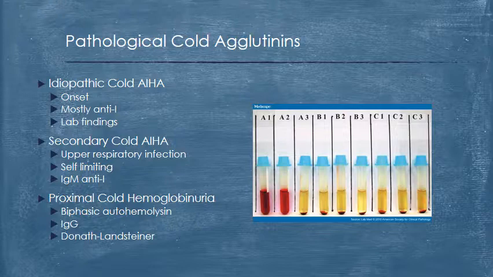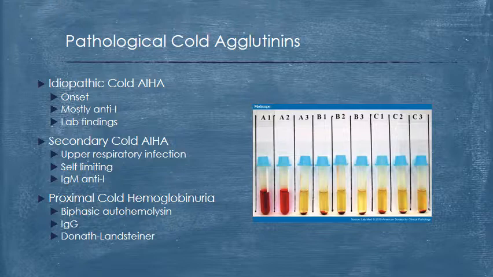Okay. And as far as the secondary cold autoimmune hemolytic anemia, those are usually associated with some kind of respiratory infection, as I previously stated, usually the mycoplasma or maybe an infectious mono, something like that. Those are usually limited to the extent of the infection. Once the infection wanes, then so will the symptoms. Okay, but the specificity is pretty much the same.